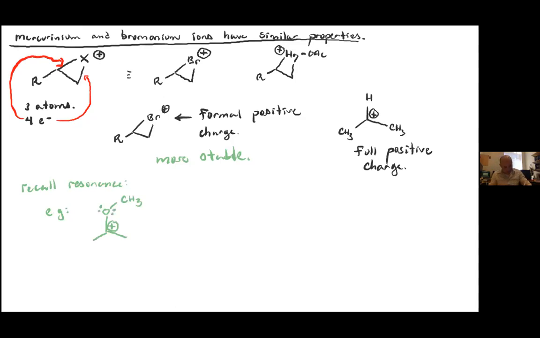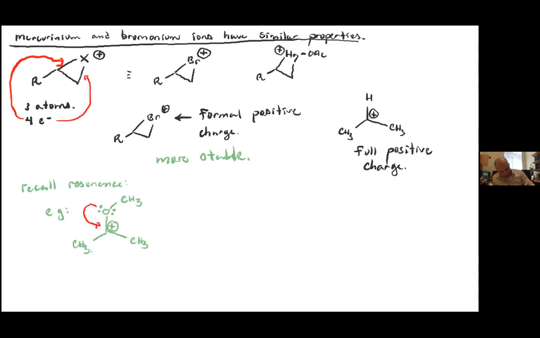So if I put up this type of example, a carbocation attached to oxygen, I can draw a resonance structure where I take a lone pair on oxygen and push them down.